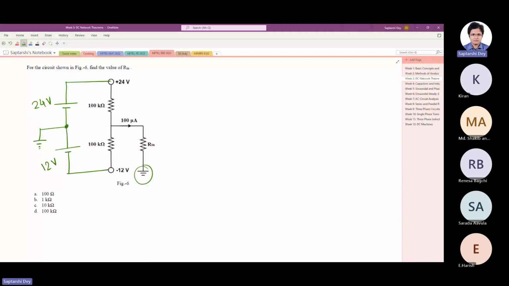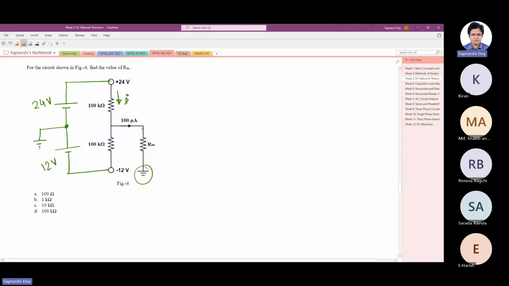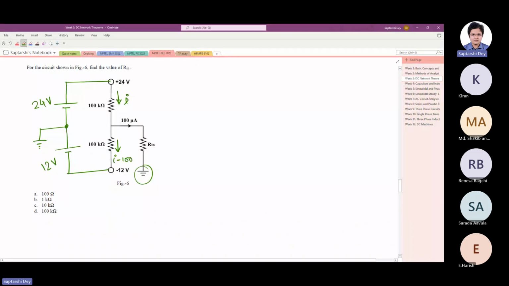So 100 micro is going in this way. Let us do it this fashion. Let us say some current I was coming in this path, out of which 100 micro goes away. So we have I minus 100 micro in this path.